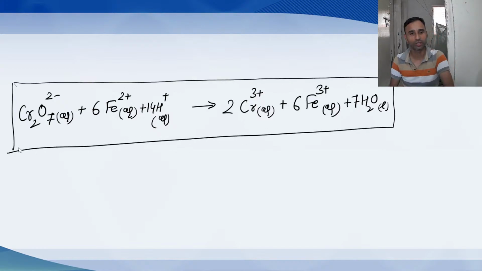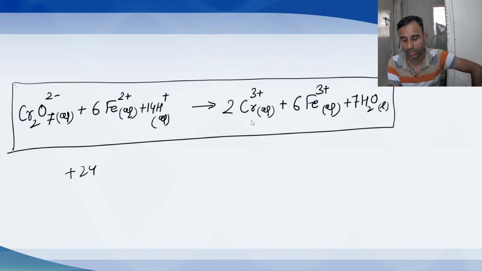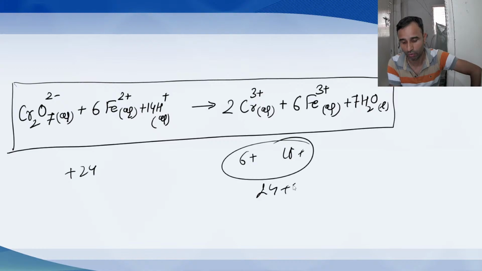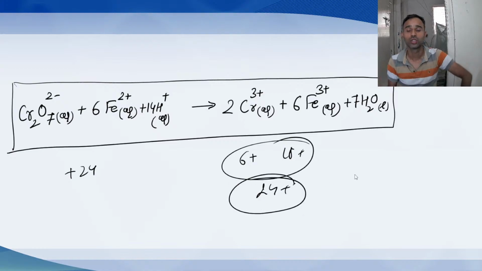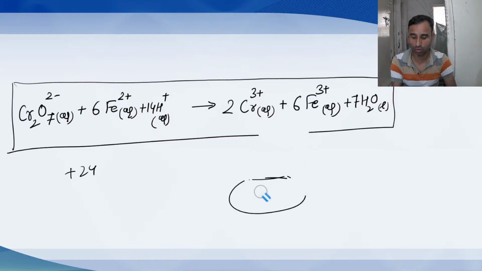See the charge: 12 minus 2, 10 plus 14, 24 on this side. 6 positive and 18 positive means 24 positive. That means the charge on both sides is equal, and that's it.